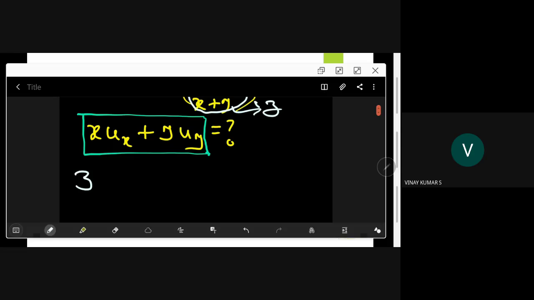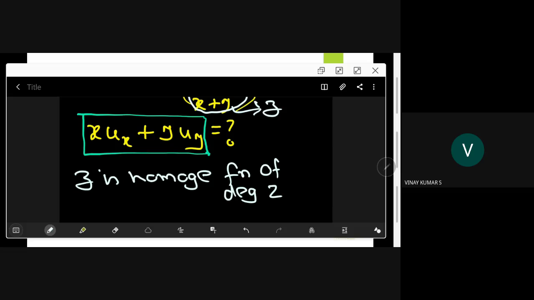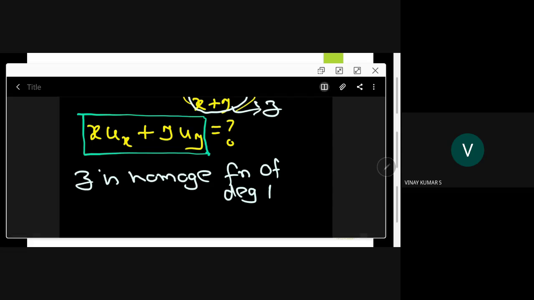Z is a homogeneous function of degree, the degree is also important here, 2 or 1. It is 1. How? That we'll see.